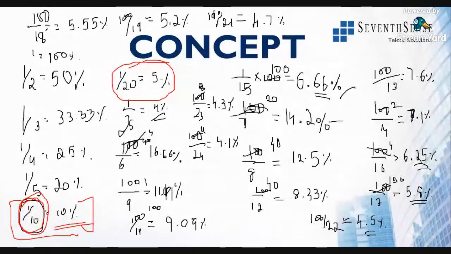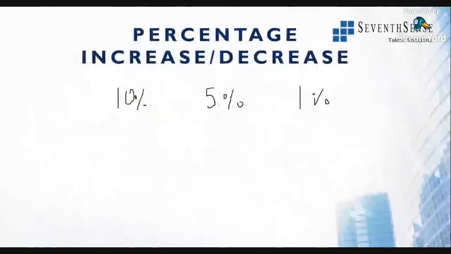Why? I'll tell you. If any question is given, the simple question is 36% of 220. If you are very quick in doing math, or very good in calculation, you can do this without using a pen.